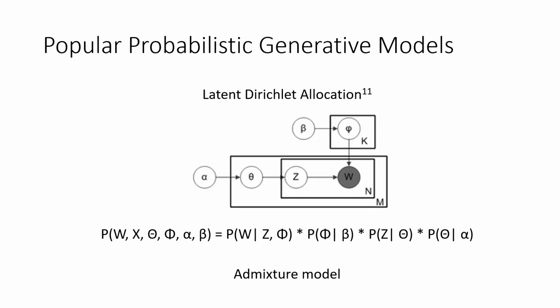In the generative model, first we define the probability distribution of topics within each document. And for every topic, we define the probability distribution over words. Here, the topic is defined as a probability distribution of words.